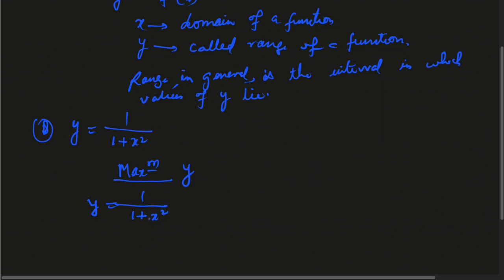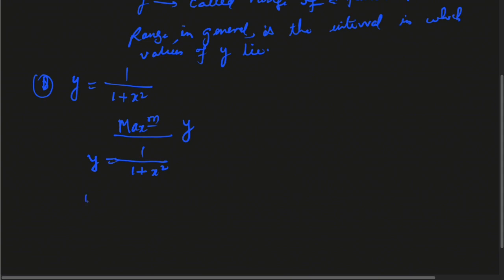If x square decreases, the denominator decreases and the overall function increases. तो y maximum कब होगा? y is maximum when this denominator, that is 1 plus x square, is minimum. और 1 plus x square minimum कब होगा? 1 plus x square is minimum when x square is minimum, isn't it?